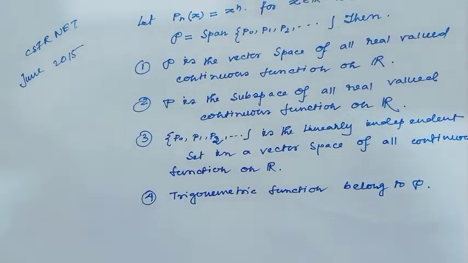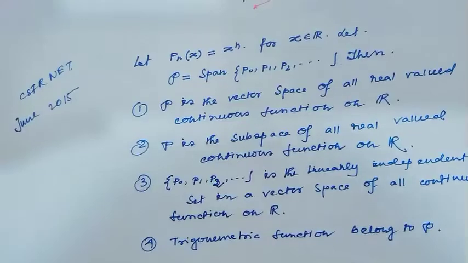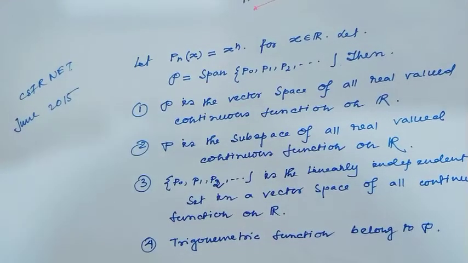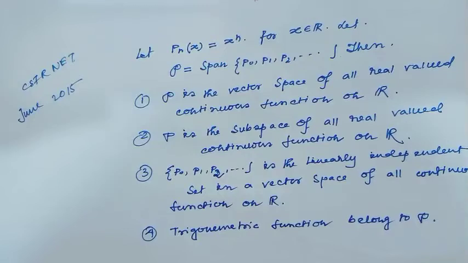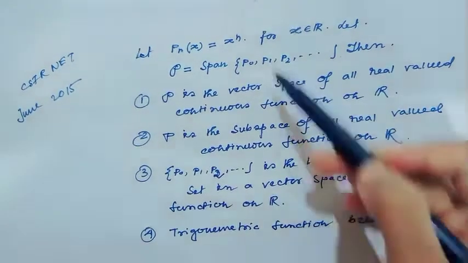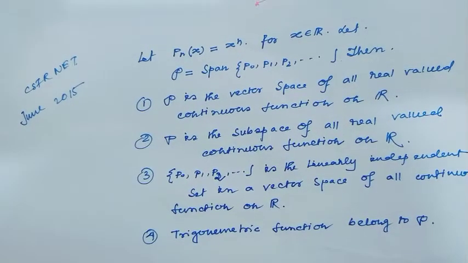Trigonometric functions belong to this set P. I hope all my viewers have understood which option is right, because I have discussed every topic at the beginning of the lecture.